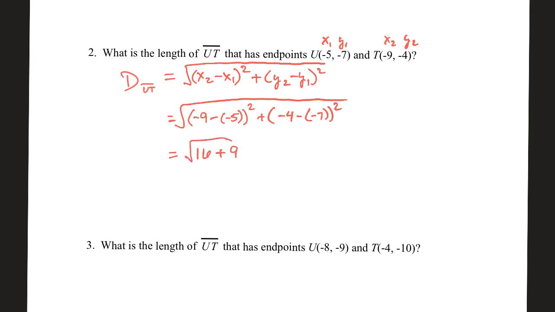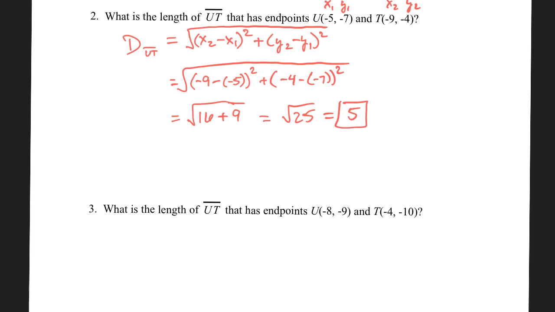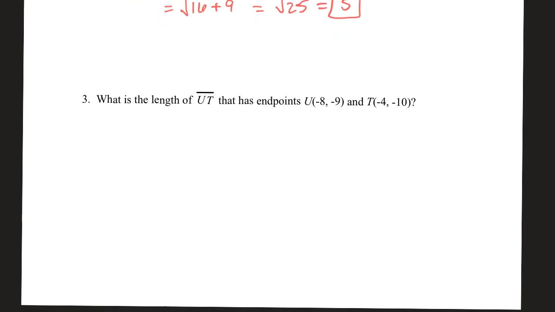Take the square root of all that. 16 plus 9 is 25, so this is the square root of 25, which, as we know, is 5. Nice and easy on that one. We like those.